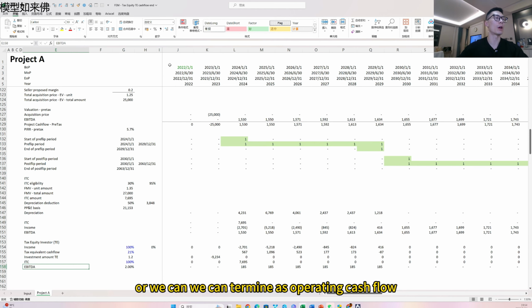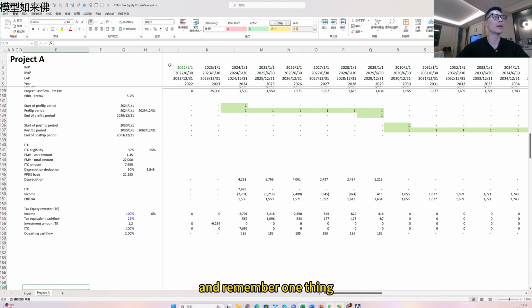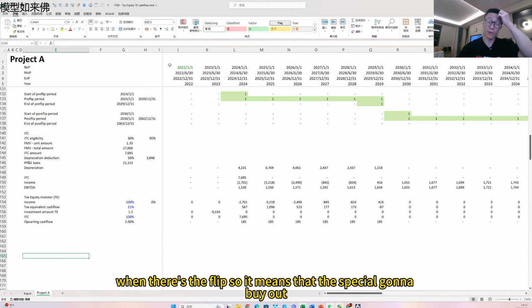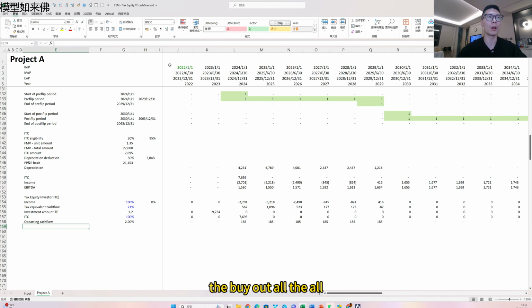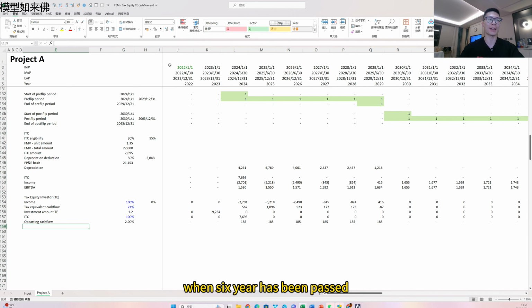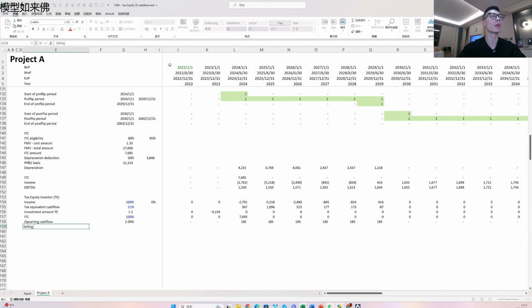So that's your operating cash flow, or we can term it as operating cash flow. And remember one thing, there is going to be a call option that the sponsor is going to apply when there's the flip. So it means that the sponsor is going to buy out all the shares of the project from the tax equity investor when 6 years have passed. So for the TE investor, they're going to receive a selling price based on the call option.